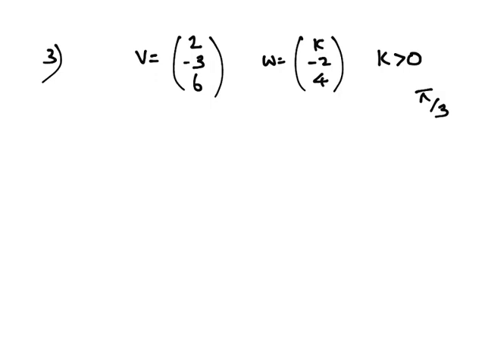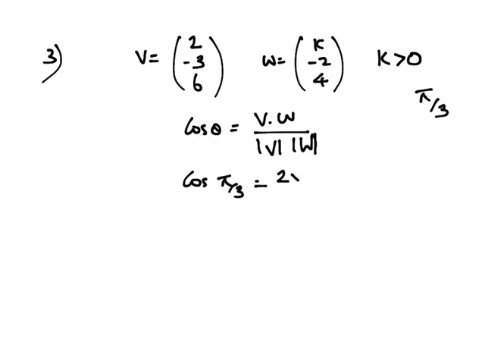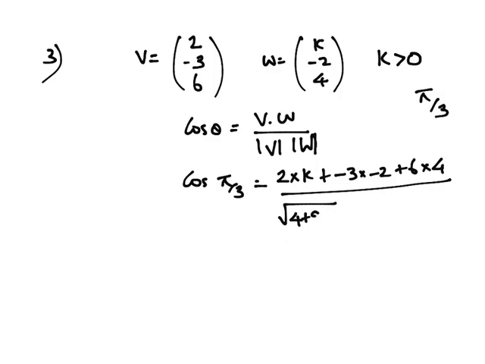So let us use the formula cos theta equal to V dot W by magnitude of V into magnitude of W, isn't it? So that means cos pi by 3 equals V dot W is 2 into K plus minus 3 into minus 2 plus 6 into 4 divided by, now magnitude of V is nothing but square root of 4 plus 9 plus 36 multiplied with magnitude of W, square root of K square plus 4 plus 16.